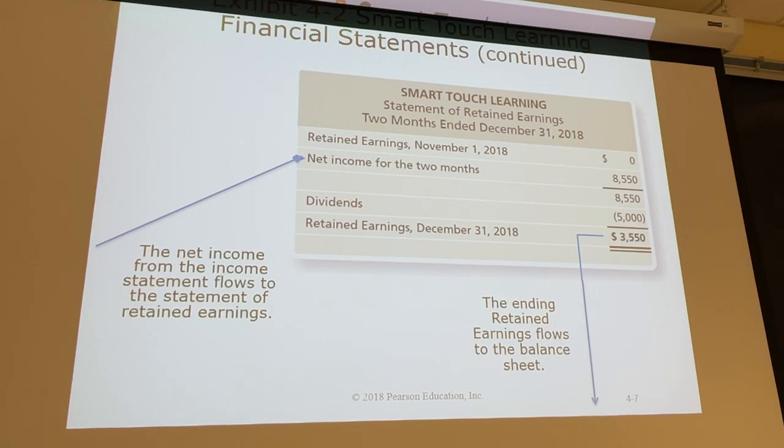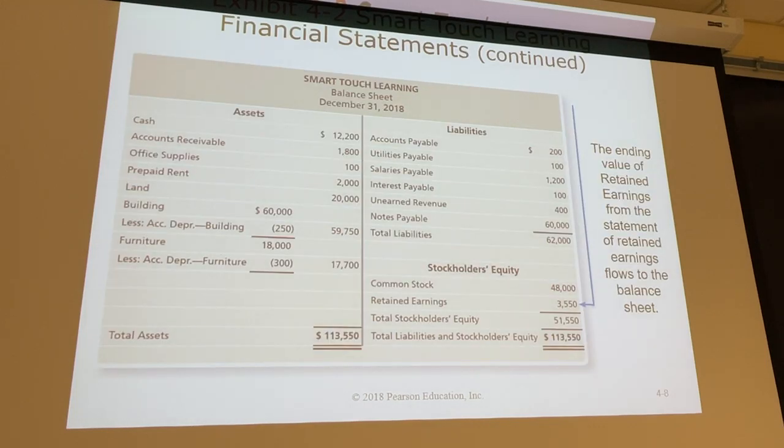Then we subtract the dividends, which came from the adjusted trial balance, and that leaves us with our ending balance in retained earnings. Then that ending balance gets transferred over to the balance sheet. Everything shown here on the balance sheet comes from the adjusted trial balance except for retained earnings, which came from the statement of retained earnings.